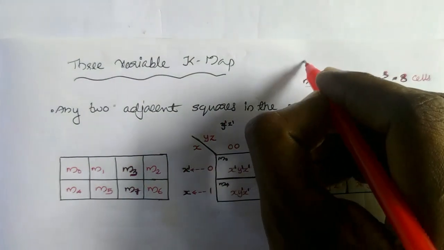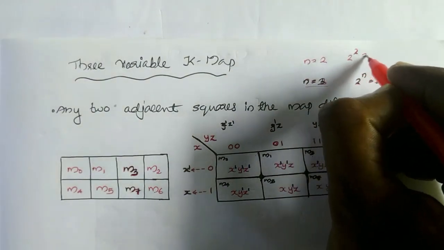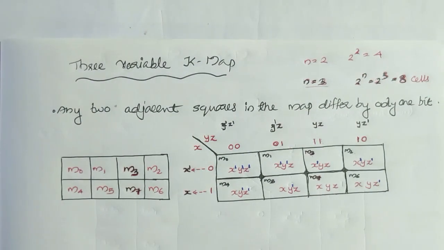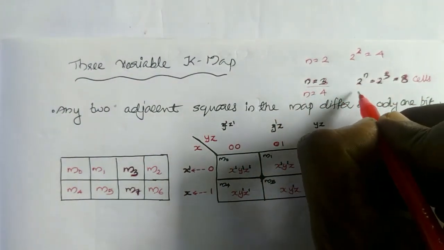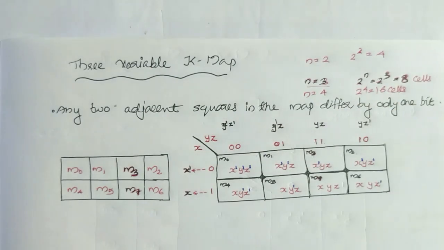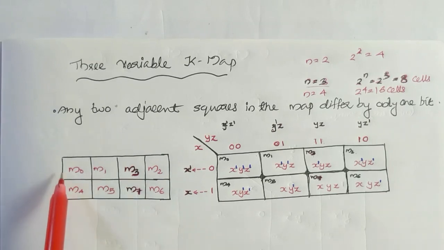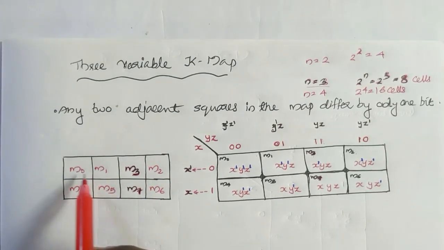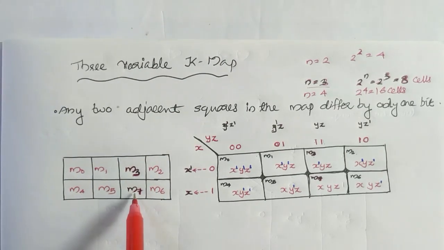When you use a two variable K-map, you have 4 cells, and if you are using a 4 variable K-map, obviously you need 16 cells. This is how a 3 variable K-map works. So we have min terms m0, m1, m2, m3, m4, m5, m6 and m7.